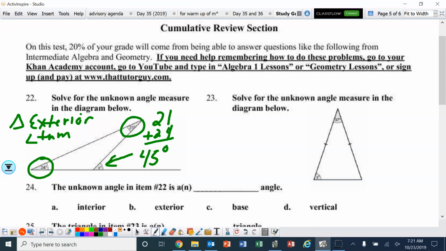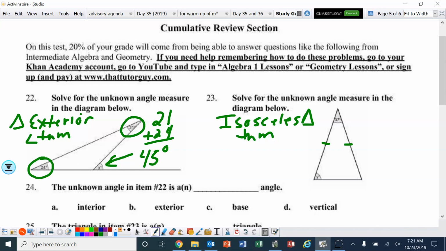All right, number 23. Solve for the unknown angle measure in the diagram below. Well, if you recall, this has two equal sides. That is an isosceles triangle. Now, we need to remember the isosceles triangle theorem.